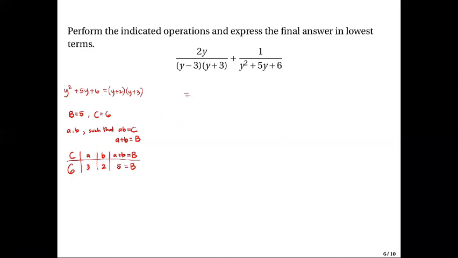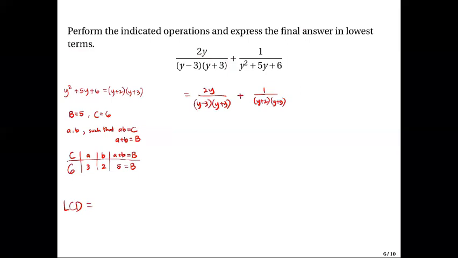So we rewrite that: 2y over y minus 3, y plus 3, plus 1 over y plus 2, y plus 3. And now we find the LCD.